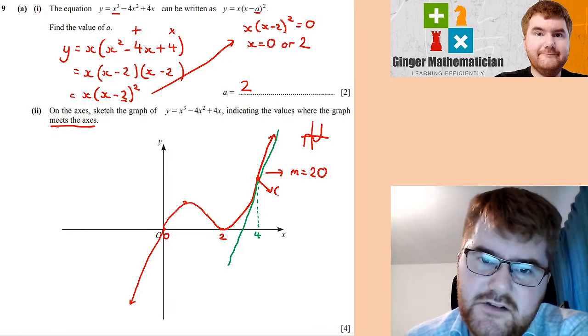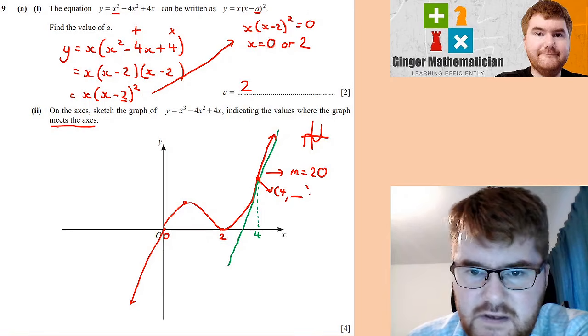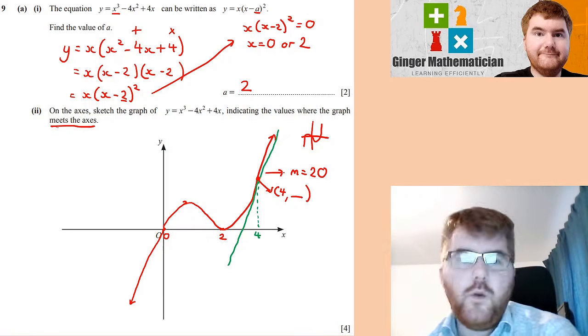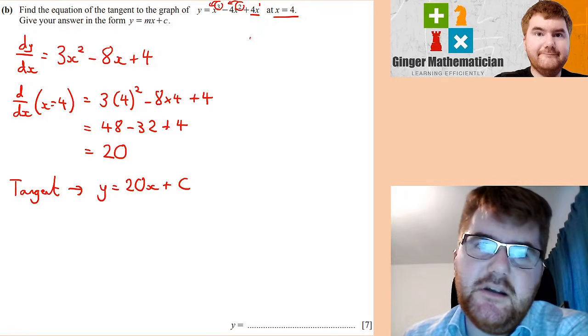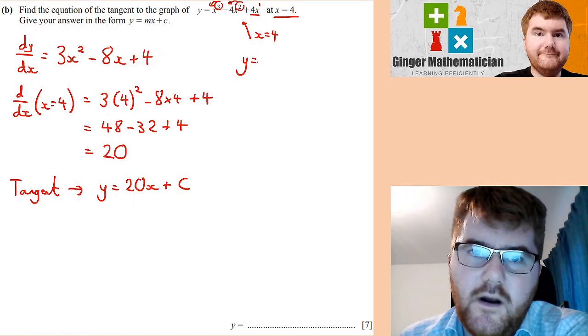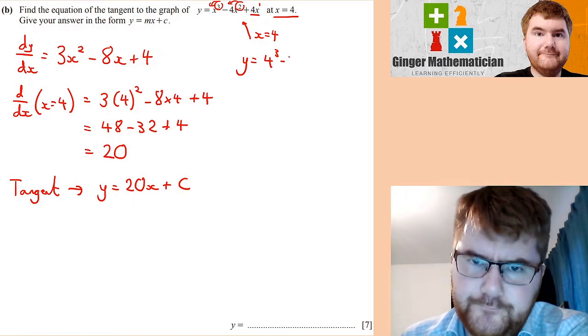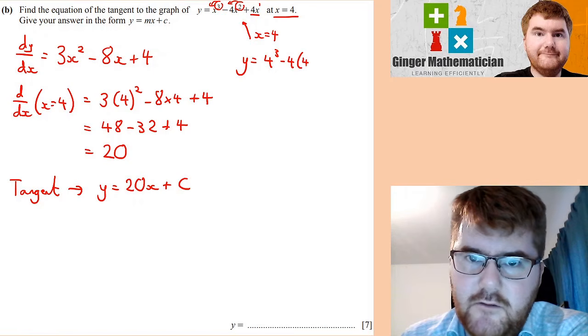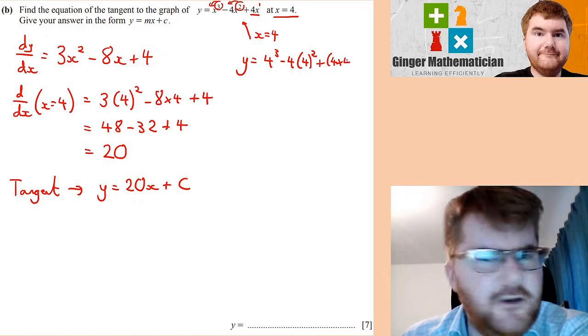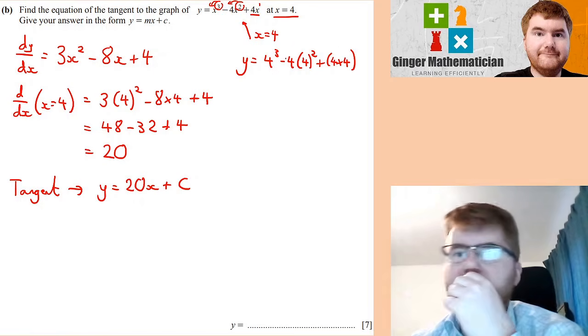Okay, and we know the x-coordinate is 4, but we currently don't know what the y-coordinate is. The way we can work that out is to substitute x equals 4 into this equation. So when x is equal to 4, y is equal to 4 cubed minus 4 lots of 4 squared plus 4 times 4. That's a lot of 4s. That is definitely a lot of 4s.